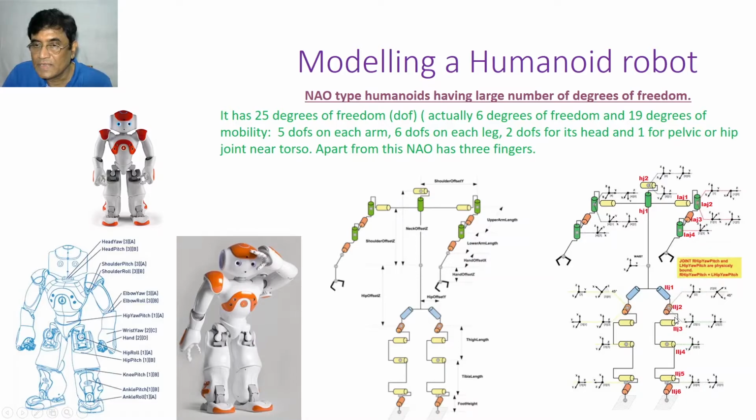Same story is for the leg also. So please try to understand very clearly, seeing the coordinate frames, which coordinate frame is attached where has been shown here. Here is a coordinate frame, and another coordinate frame is attached here.